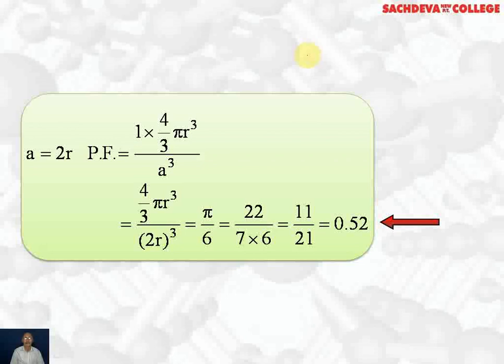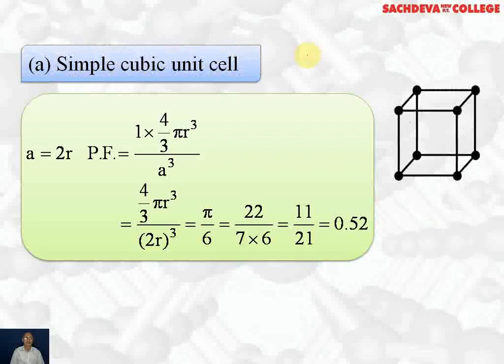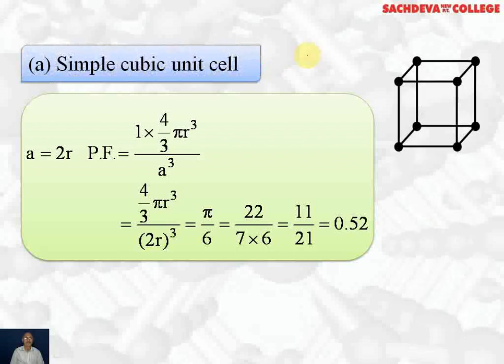On simplification, it comes out to be 11/21, which is equal to 0.52. It means packing fraction of simple cubic is 0.52, or packing efficiency of simple cubic is 52% and 48% is the free space. So this was in simple cubic cell whose diagram has been shown.